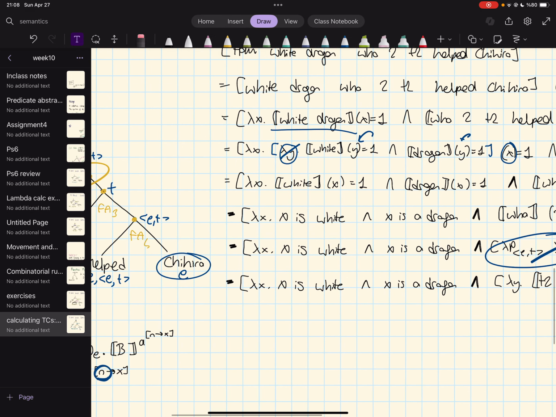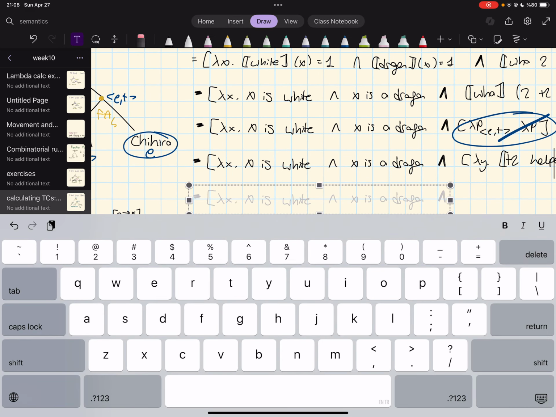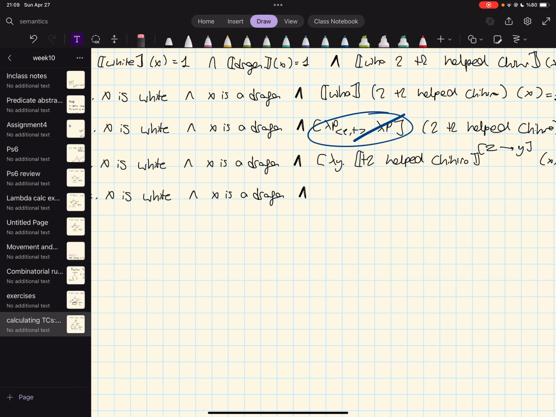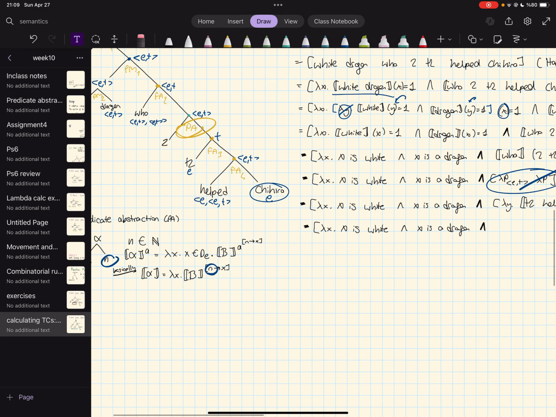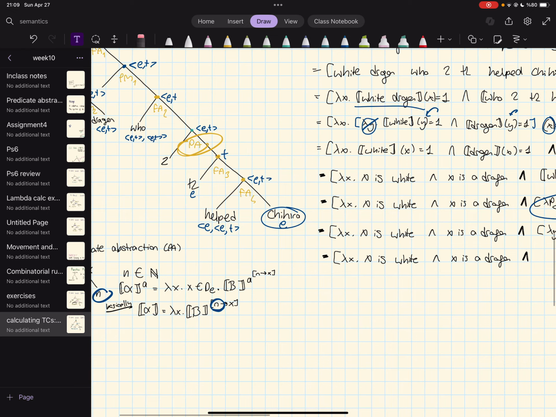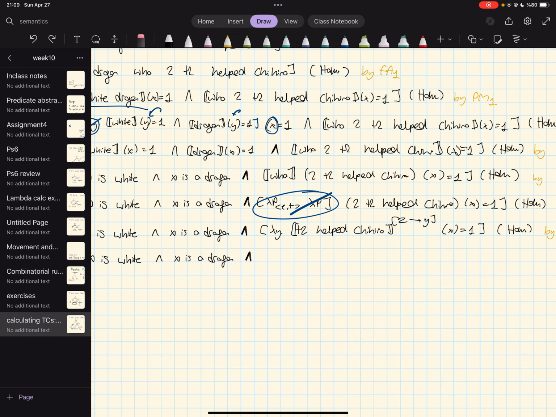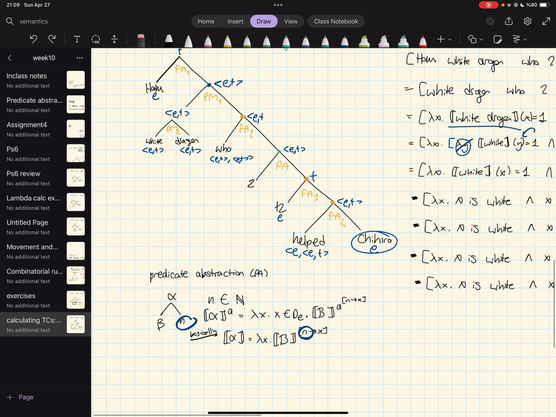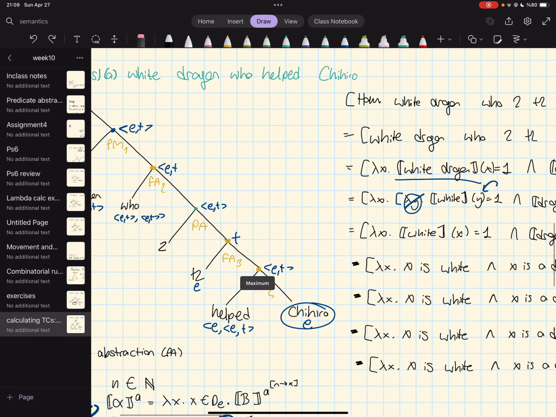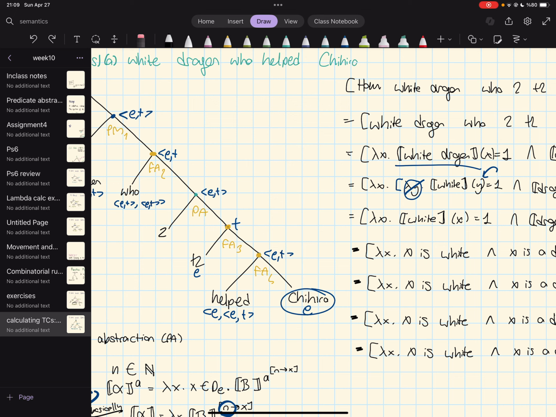Okay, now for our next step, let's just start off by writing the first bit first. Now that we are done with our predicate abstraction, the next thing that we will need to do will be function application. Function application tree. Okay, to make this real, what we need to do is, as you can see, the trace t2 is taken as the argument and the remaining part is taken as the function.